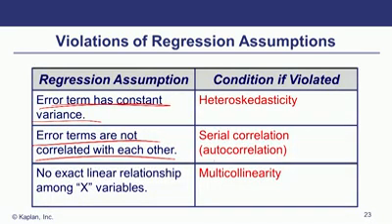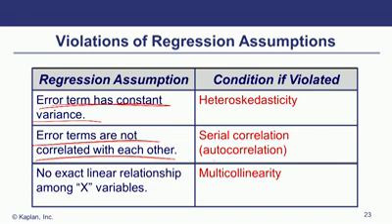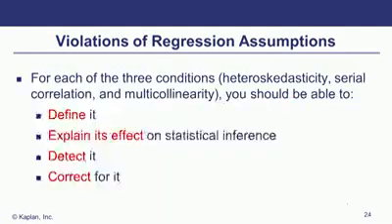We want serially uncorrelated and independent errors. If we violate that, we get serial correlation, also known as autocorrelation. And thirdly, in multiple regression, we don't want high correlation among the independent variables. Basically, we want independent variables that do exactly what it says on the tin. They're independent of each other. If we violate that, we get multicollinearity.